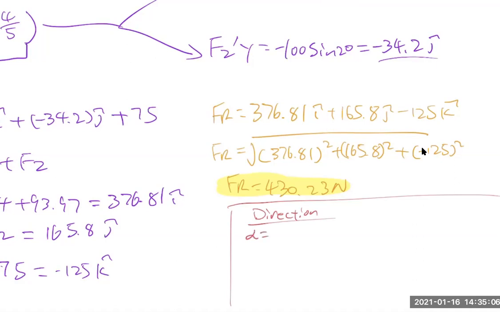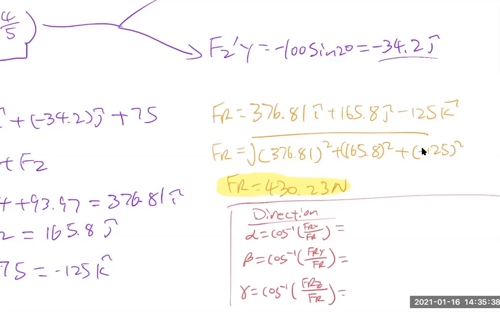Alpha is equal to cosine inverse of FRx over FR, because alpha is from the positive x-axis. Beta is cosine inverse of FRy over FR. And gamma is cosine inverse of FRz over FR.